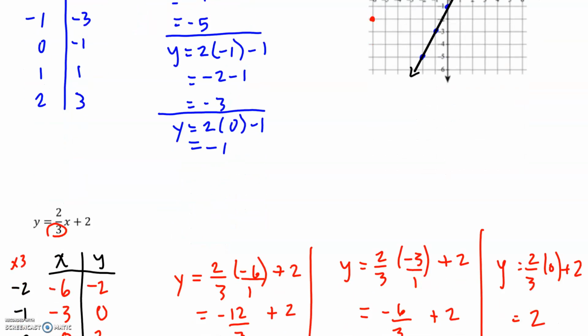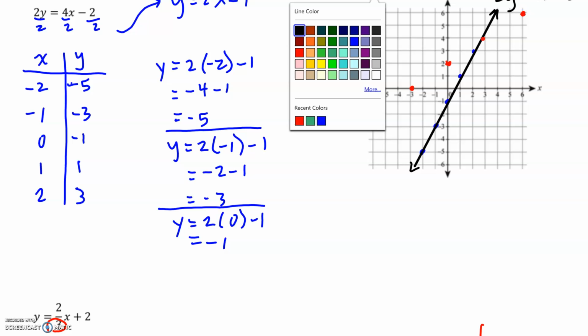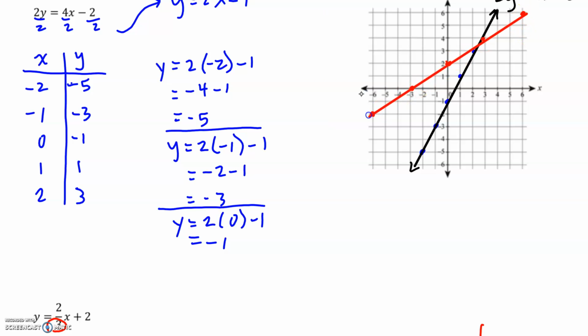And the last point was (6, 6). Okay, and this then will be connected with our line. We'll put arrows on the ends, and then we'll go ahead and label it with the equation, which was y equals 2/3 x plus 2.